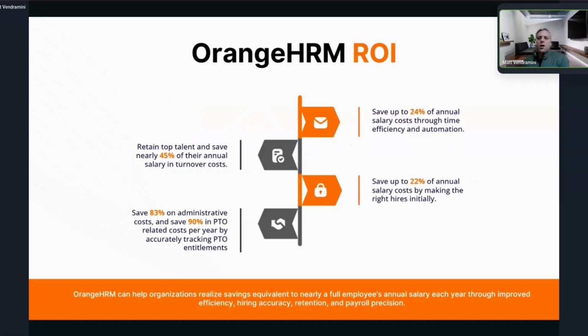So OrangeHRM ROI. We're really able to help our clients in many different ways. I think the primary way that we tend to help our clients is removing the administrative burden from HR teams so they can get back to helping or supporting the employees that they serve more strategically, right?